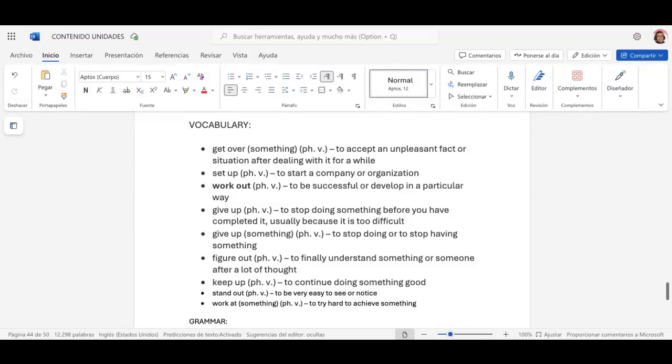Give up, you have here two meanings for give up. Give up, to stop doing something before you have completed it, or you can also use give up to stop having something. So give up is another good example in which we have two meanings for the same phrasal verb. This is a very important issue in this unit.